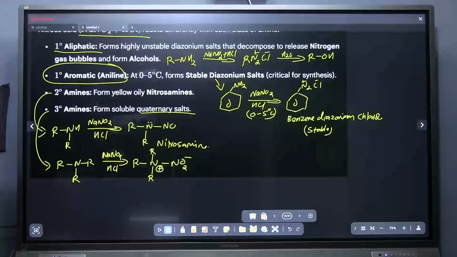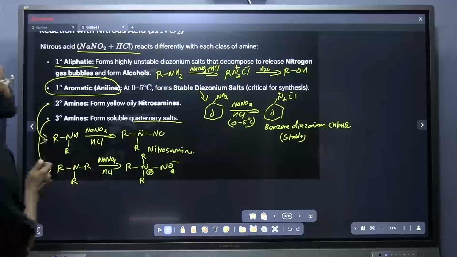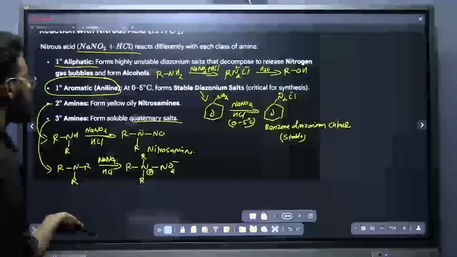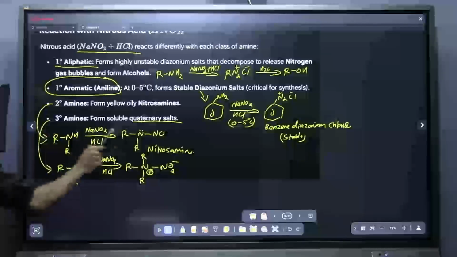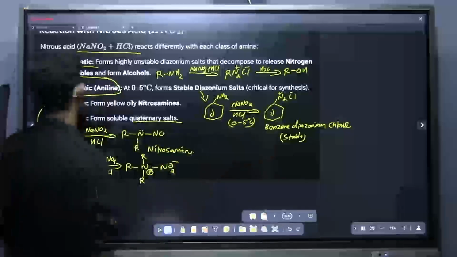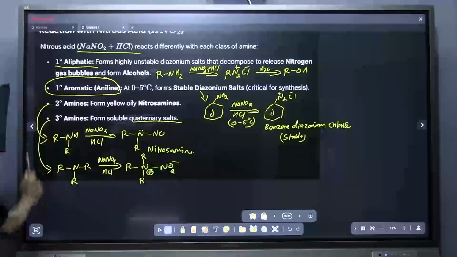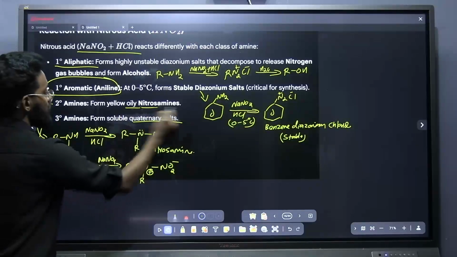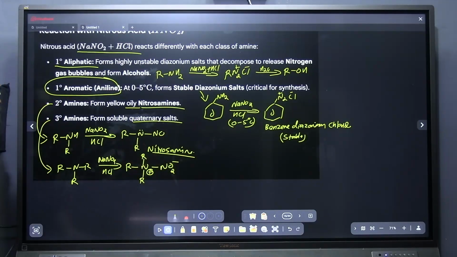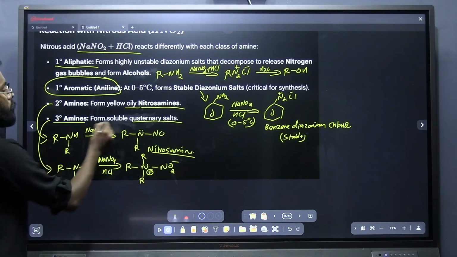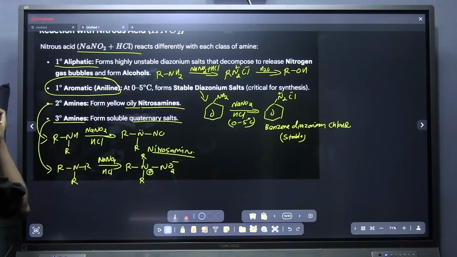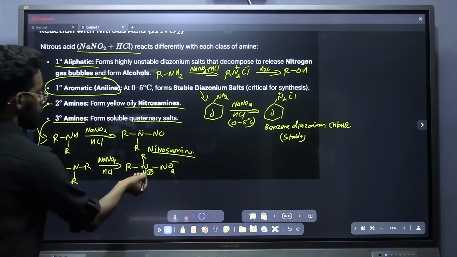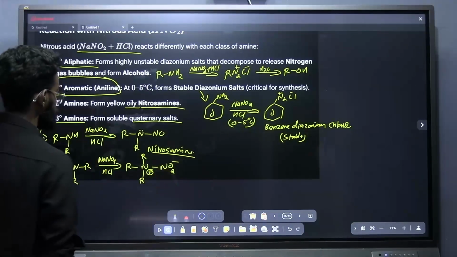Okay. So note all these things. Primary aliphatic amine will give alcohol, and primary aromatic amine will give a stable benzene diazonium chloride. Secondary amine will form yellow nitrosamine, and tertiary amine will form a soluble quaternary nitrite salt.